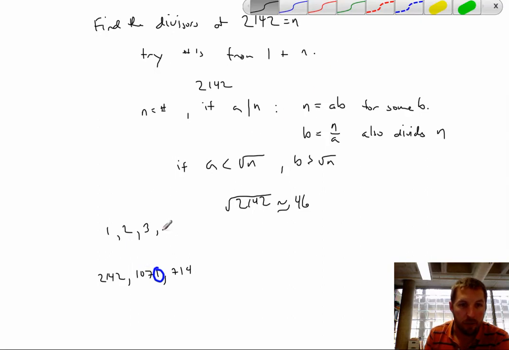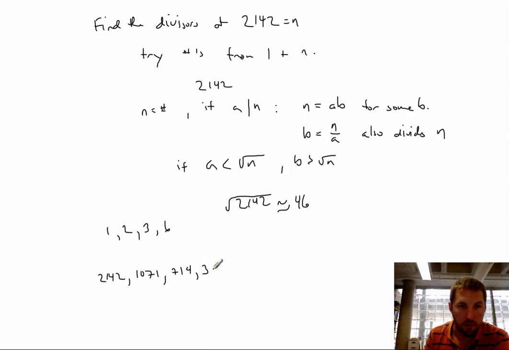Okay. 5 doesn't go in. 6 does go in because 2 and 3 go in, so we can just divide by 6, and we get 357. Okay, let's see here, does 7 go in? It looks like 7 does go in. 7 goes in 306 times.